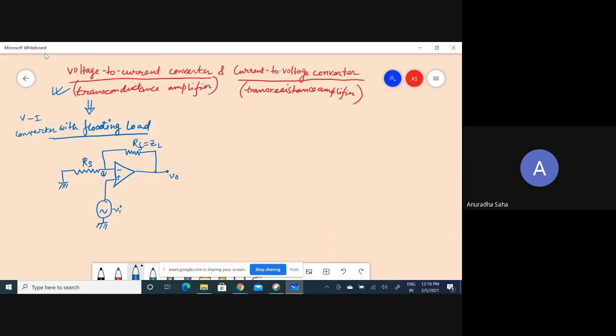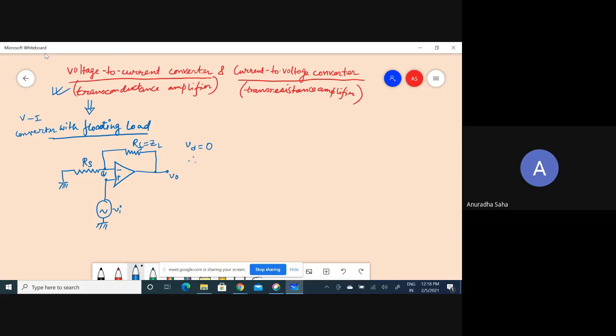Now, since we know that the differential voltage between the two terminals is always kept as zero, obviously whatever be the input voltage here must be equal to the voltage at node A also.